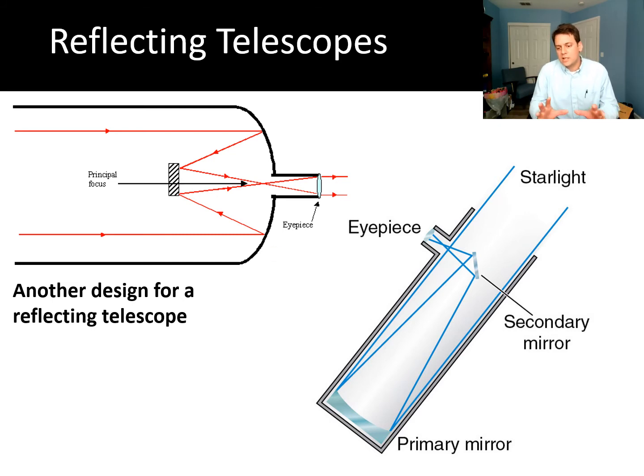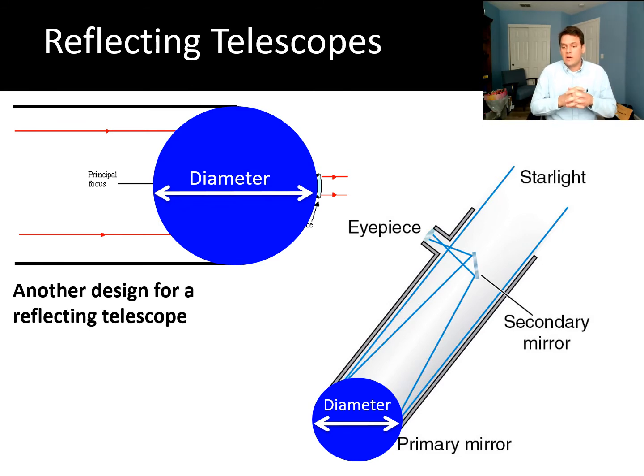So different designs, but the same basic features. You have a primary mirror, you have a secondary mirror, and you're using reflection, not refraction, which means you avoid the problems with chromatic aberration and with these really heavy and unwieldy, very large refracting telescopes.